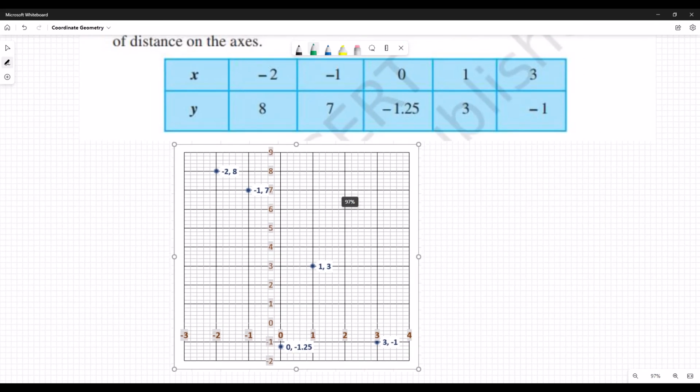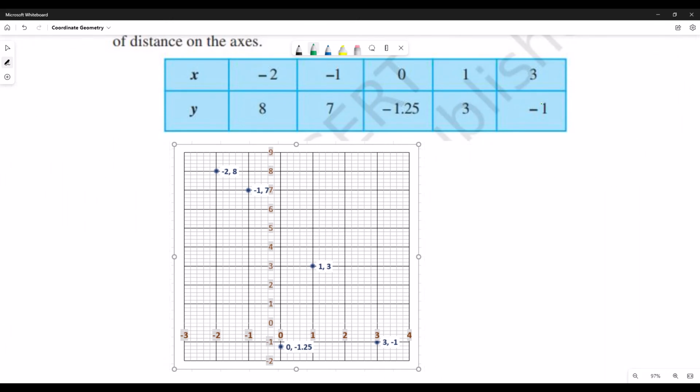You can use your maths textbook and try to do it yourself. Without graph paper also you can do it. You can divide it so that 1 centimeter is 1 unit, 2 centimeters is 2 units.